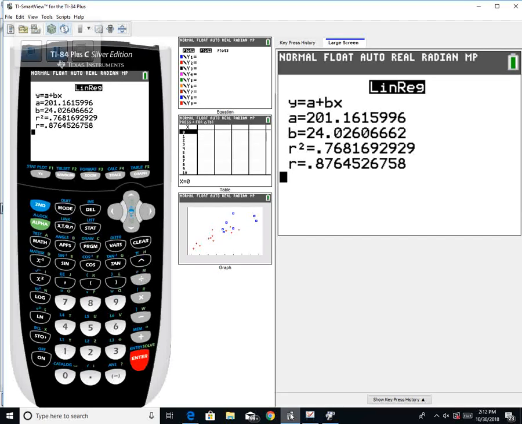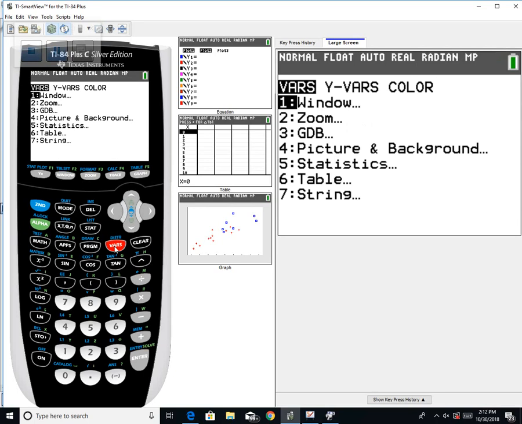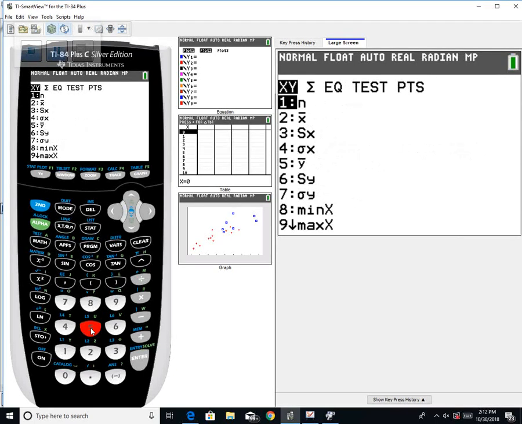Is that right? Okay. If I wanted that equation, I could go to VARS, statistics, and everything I've done in the calculator, the latest thing I've done in the calculator is stored. And so if I go over to EQ, then that reg EQ is there.